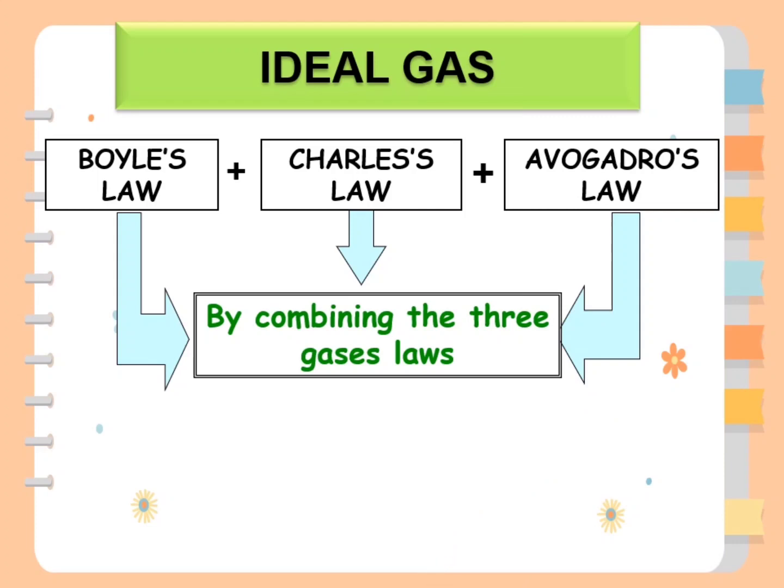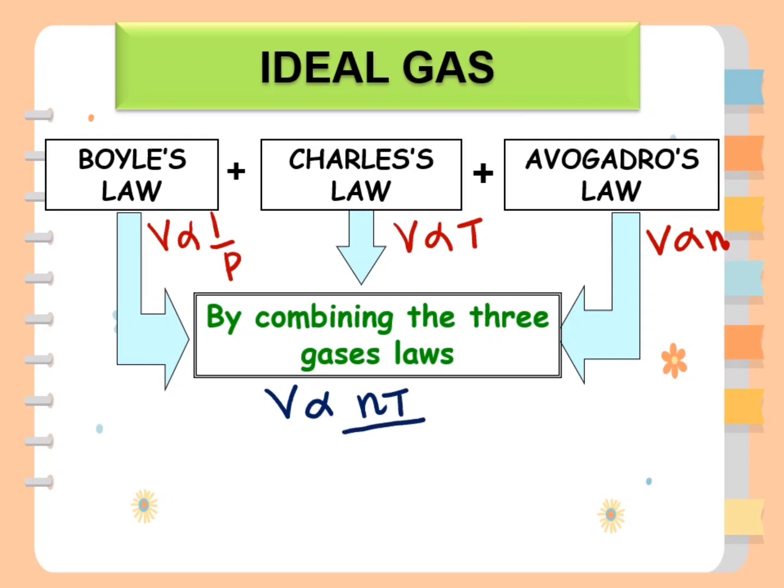Before this class, we know that in Boyle's law, the volume is inversely proportional to the pressure, while in Charles' law, volume is directly proportional to the temperature, and Avogadro's law says volume is directly proportional to the number of mole. If we combine all these three gas laws, we will get the equation like this. Volume is directly proportional to the number of mole and temperature divided by the pressure. So volume and pressure are inversely proportional.